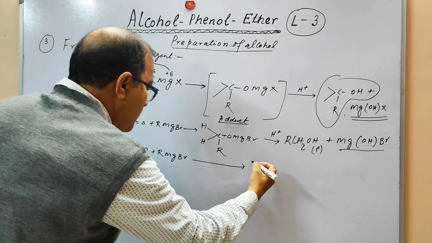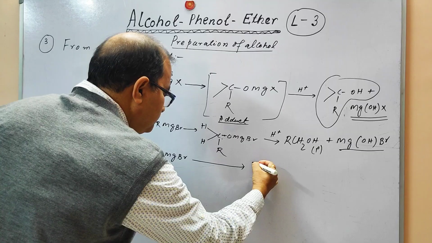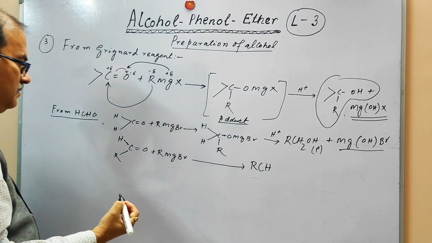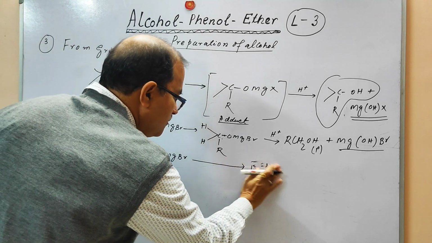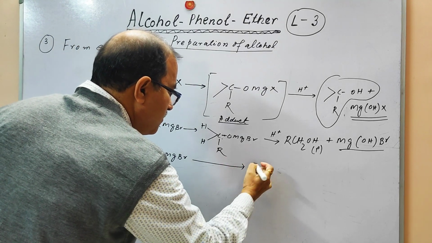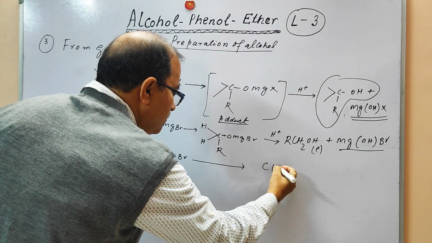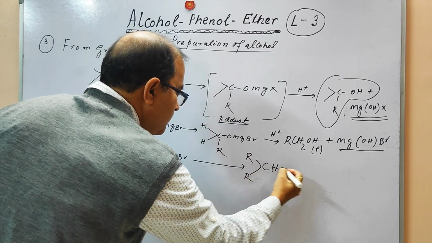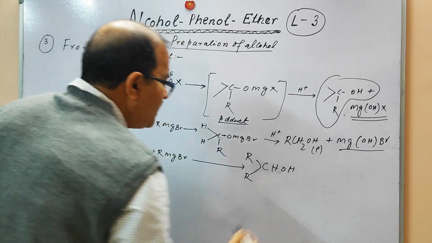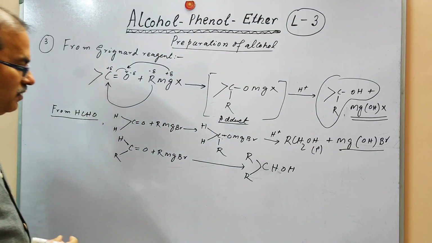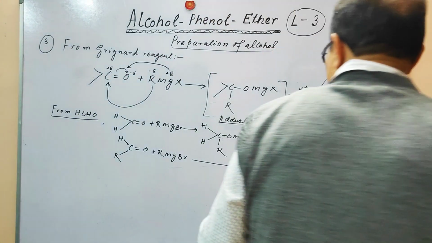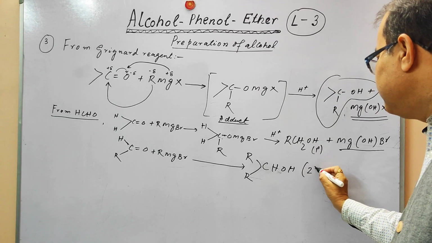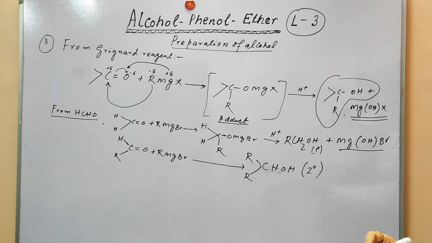So this will have RCH(R)OH. This alcohol prepared from the aldehyde will be a secondary alcohol, a 2 degree alcohol.